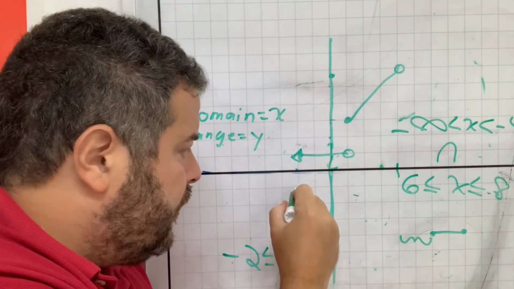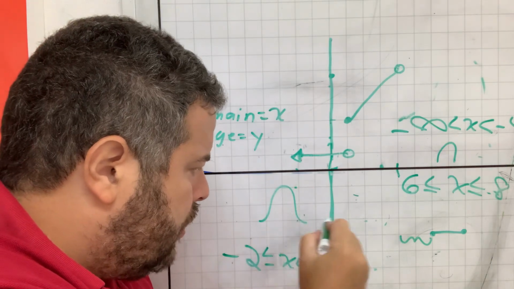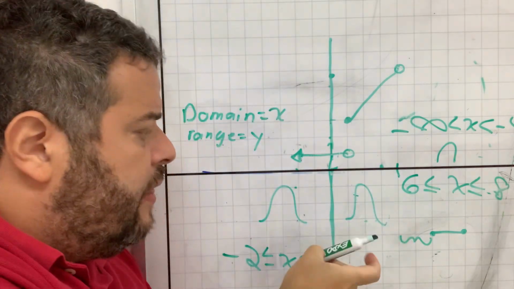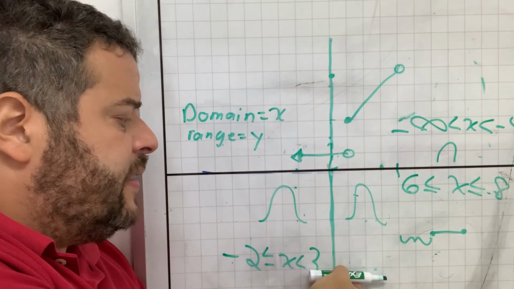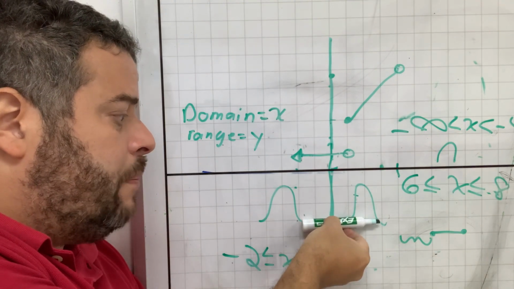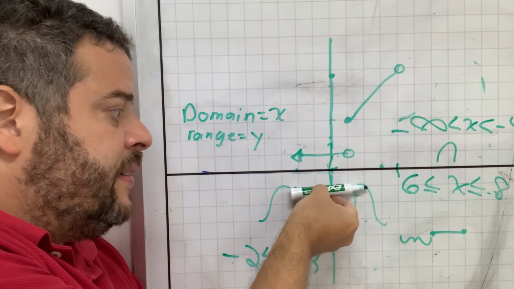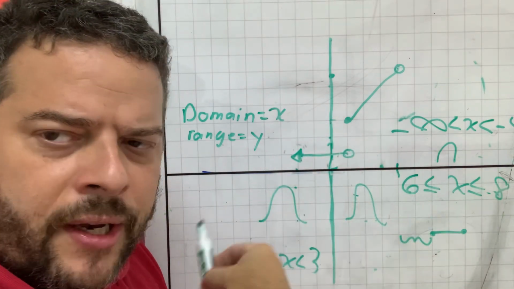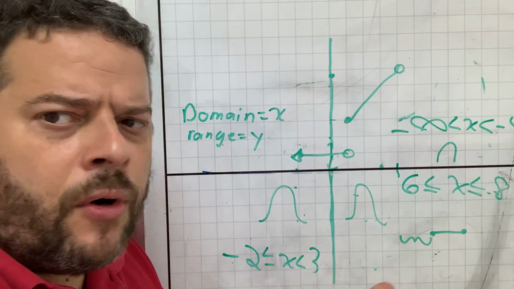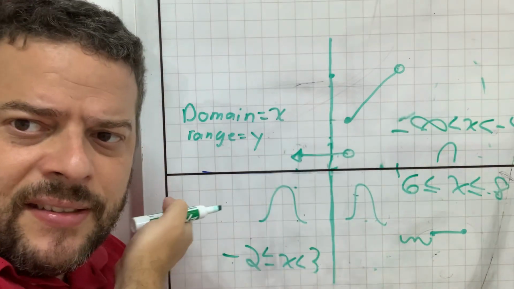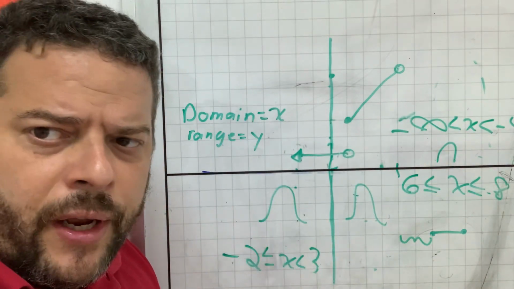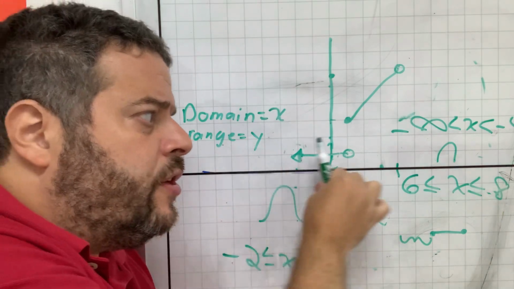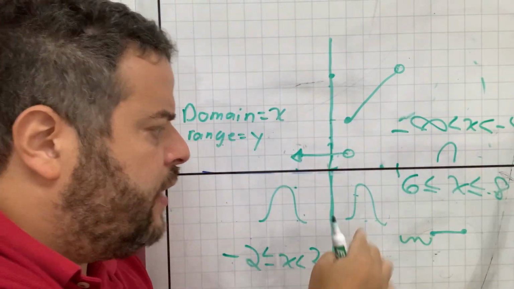These two functions, for example, this one and this one, they would have the exact same range, because again, I don't exist, I don't exist, I begin existing, and I don't exist. For domains, you don't care about the x values. You don't care how far to the right they are or how far to the left. If it exists, that is part of the range. So you answer the domain separately and the range separately.